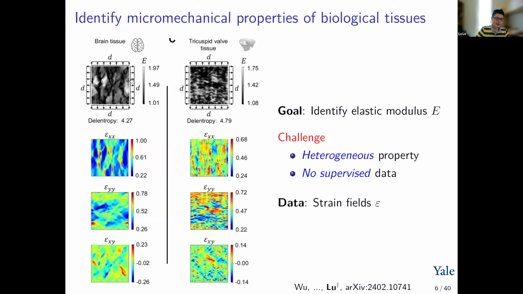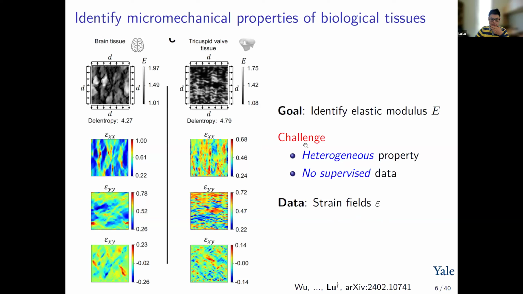Then we can do some experiments. In this experiment, we stretch this small patch of tissue on the 4 boundaries. Then after the stretch, we can measure the strain fields, epsilon here, in different directions. Then the goal is to infer the elastic modulus E from the strain field epsilon.